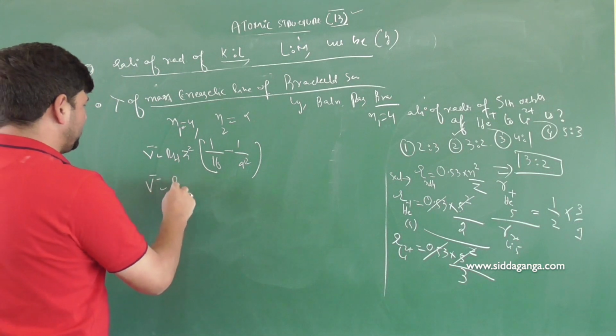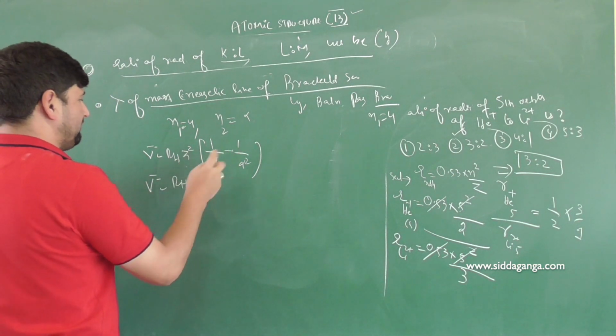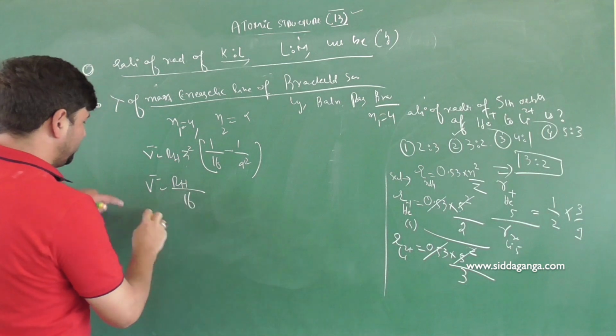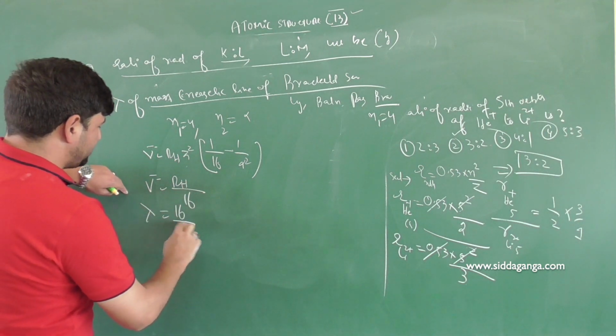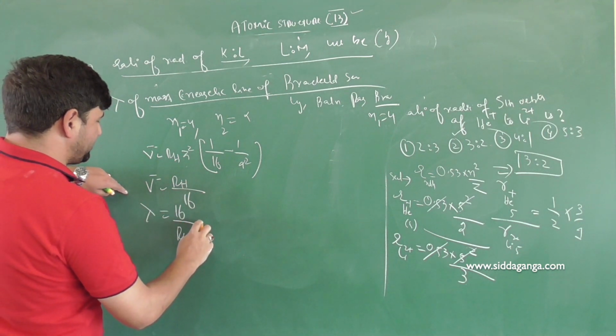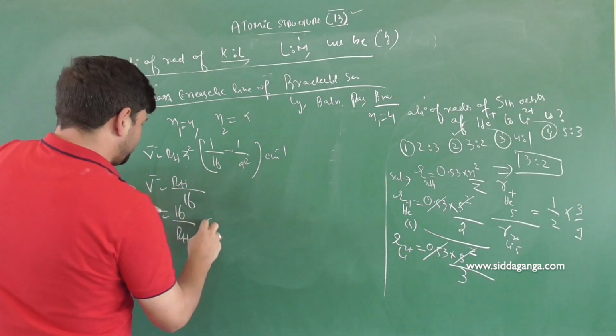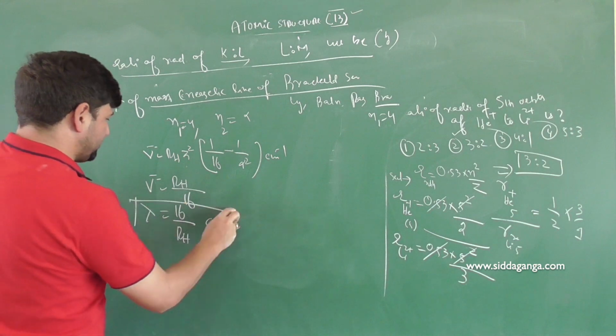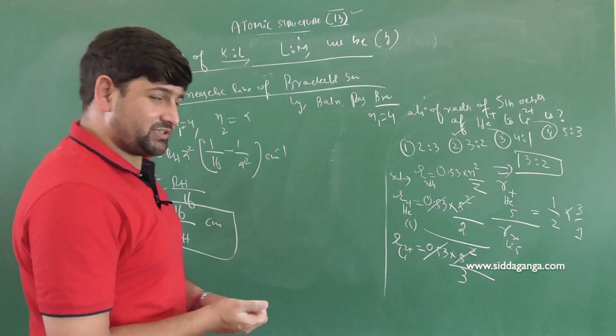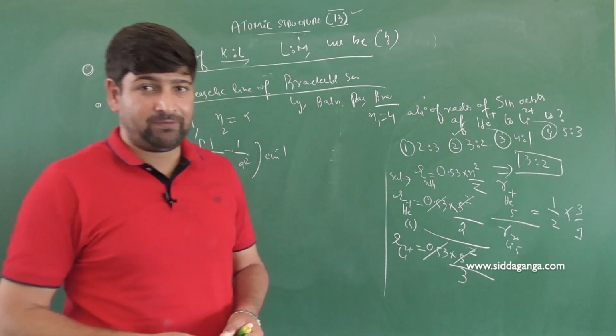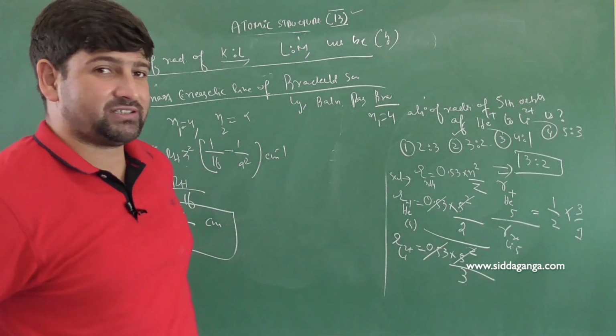So the wave number will be RH Z square into 1 by 16. Wavelength will be 16 by RH, because this value is in terms of centimeter inverse. 16 by RH means what? 16 by 109677. So you can convert that depending upon what answer is given to you.